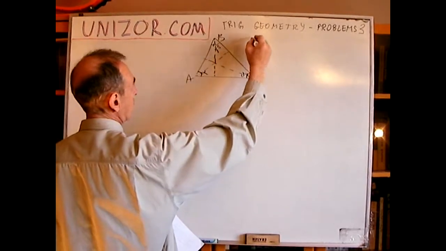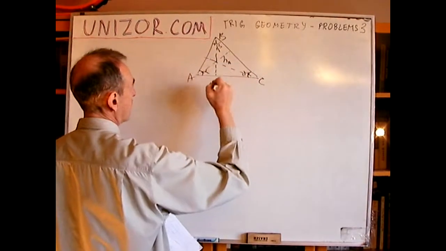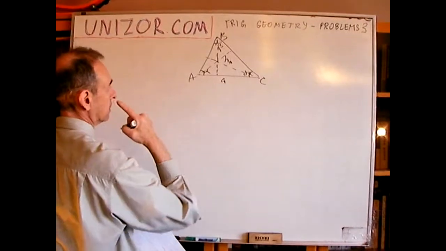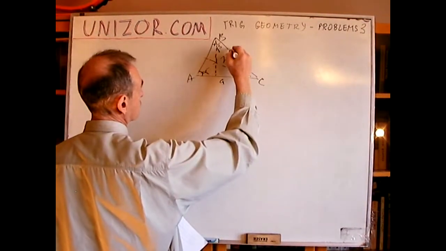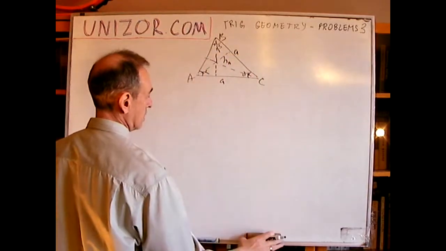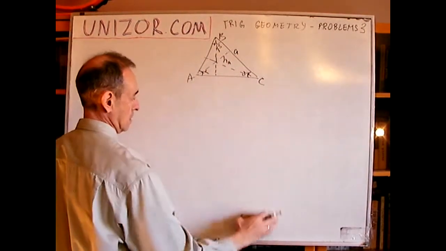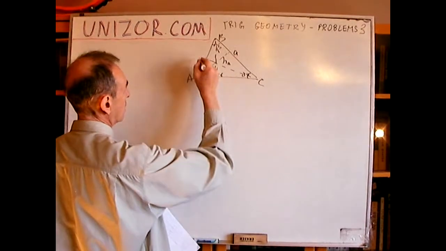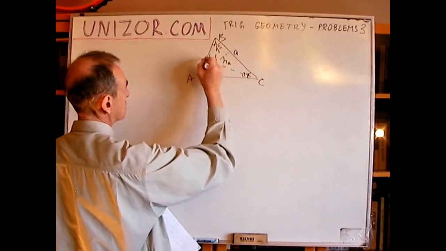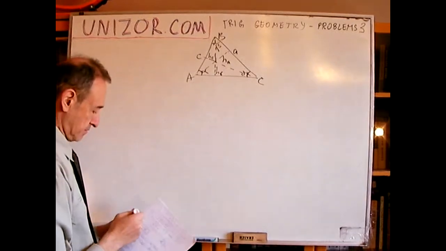The altitudes are HA, because it falls on the side A, which is this one. This is B, opposite to the vertex B, and this is HB. And this is HC, falls to the side C.